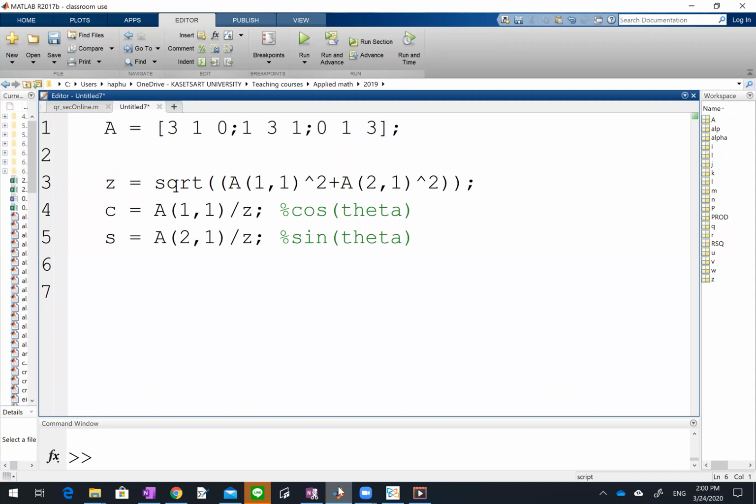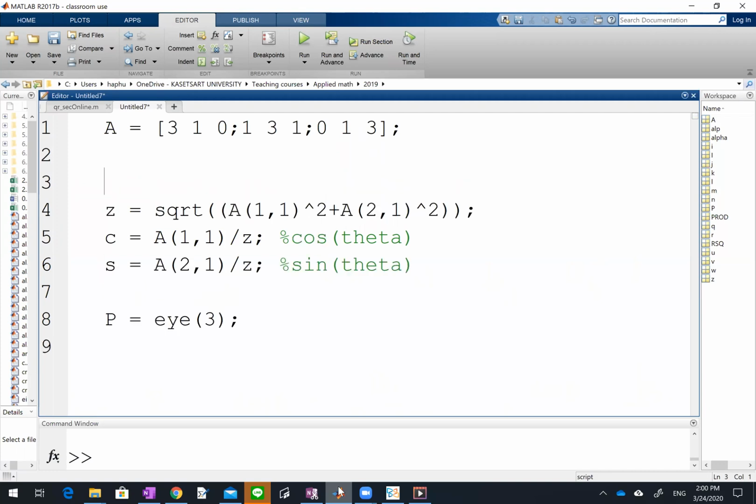So now let's see. My P2 is just going to be I of 3. Actually, I don't want to use 3. Let's find the size of the A first, so then I don't have to change it later on.